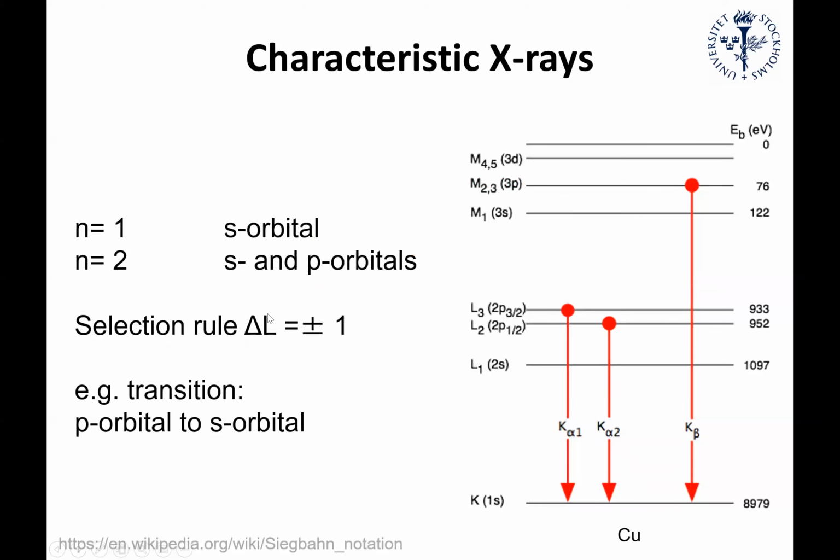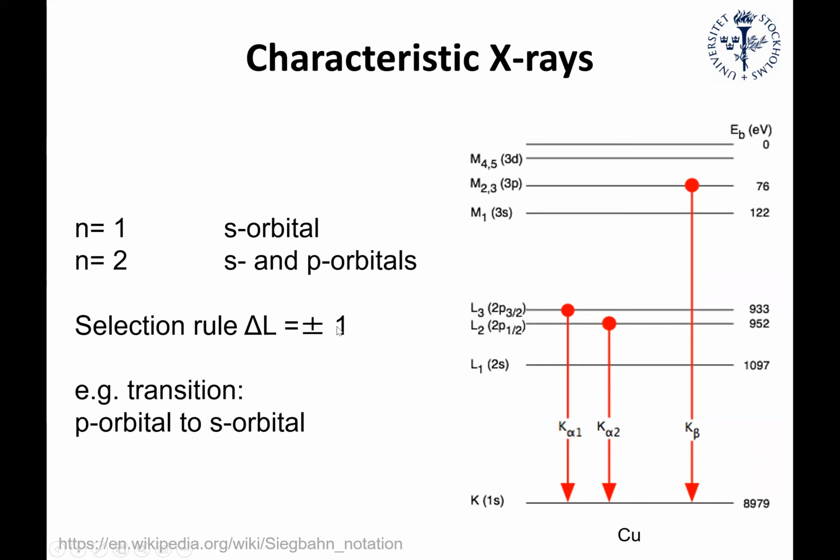So if you see this on an energy level diagram, this is just a very simplified one. Say you have your electron vacancy in the K shell, say the 1s orbital of a metal. You can have electrons from higher energy orbitals relaxing, whether from the L orbitals or the M orbitals. And there are selection rules.